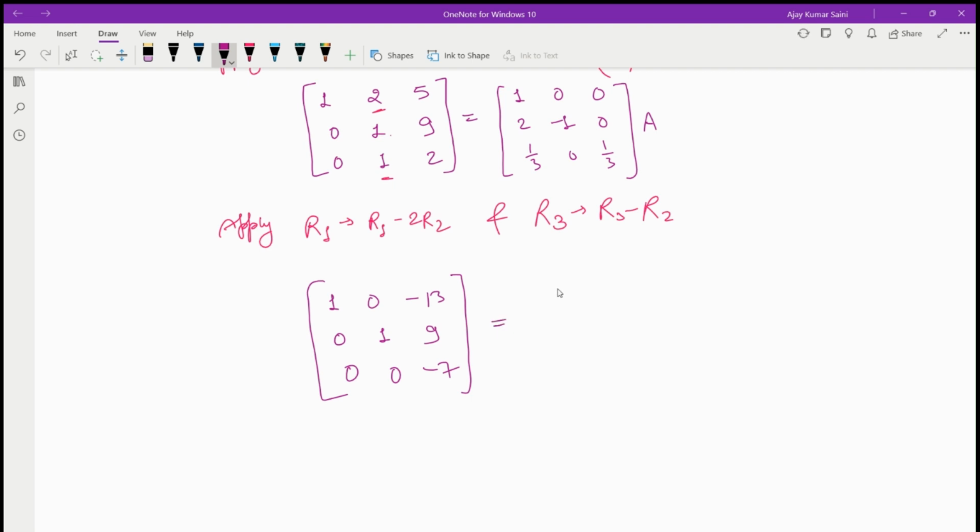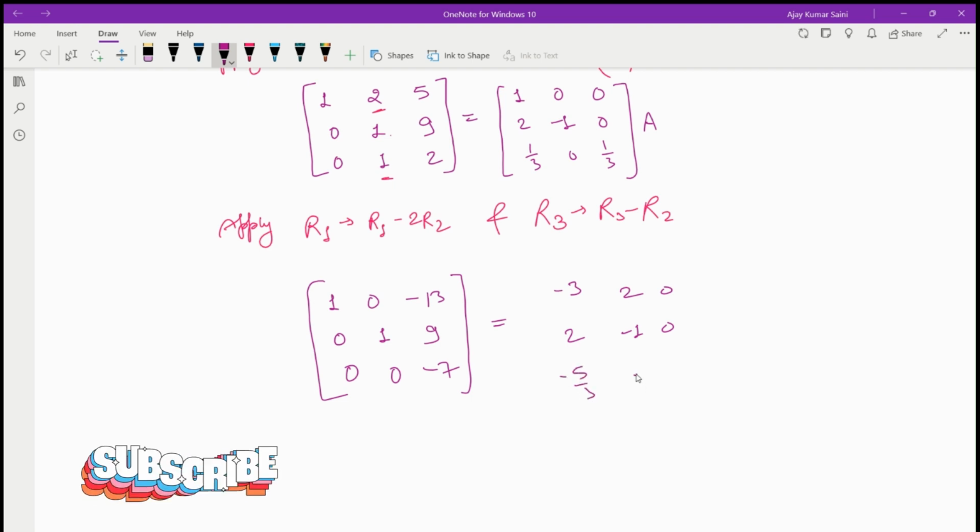It comes like minus 3 2 0, and 2 minus 1 0, and minus 5 by 3, 1 and 1 by 3.